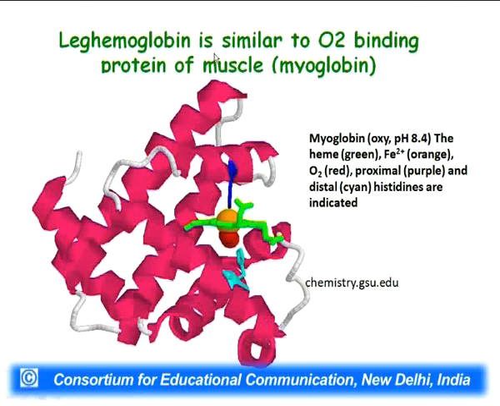The leg hemoglobin, which is present in the nodules, is very close to the myoglobin structure. So, it is a single protein unit, and it binds with oxygen, with a structure similar to myoglobin, and since this kind of protein was first identified in the legumes, they have been referred to as leg hemoglobins.